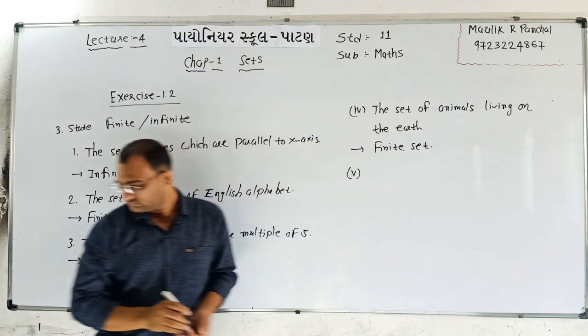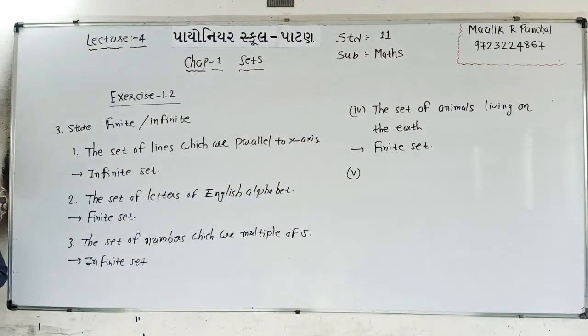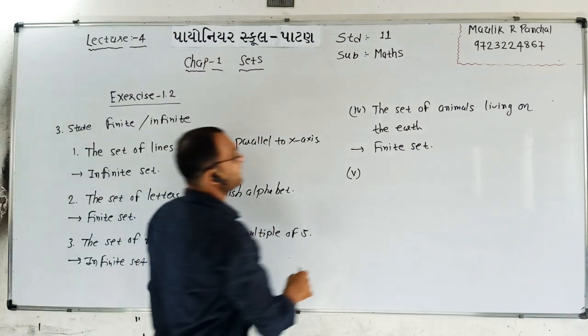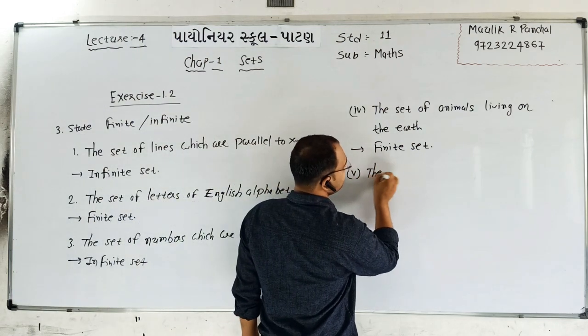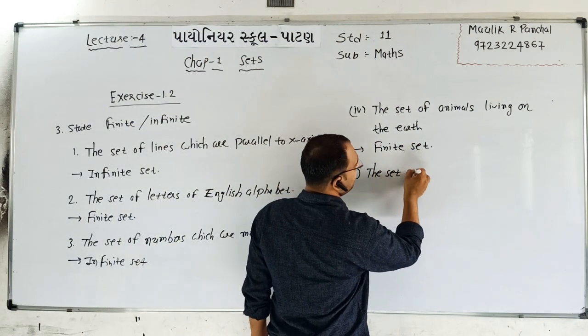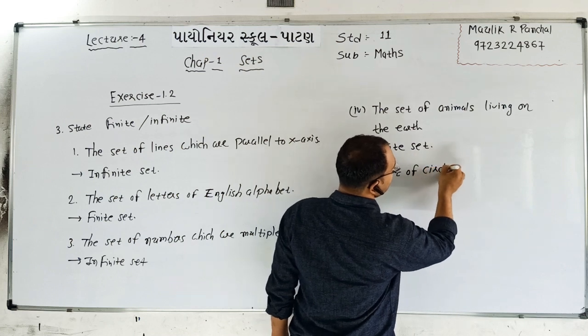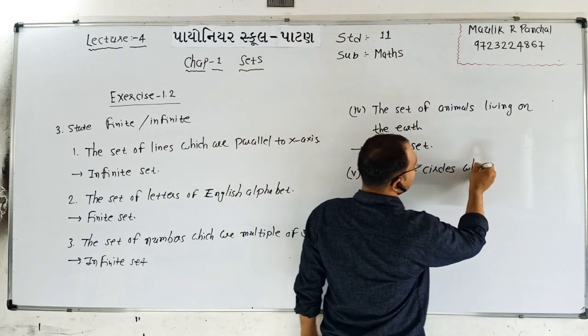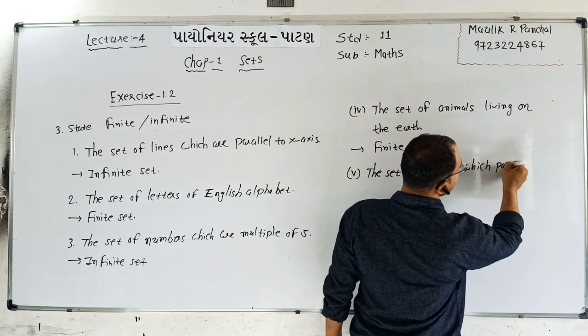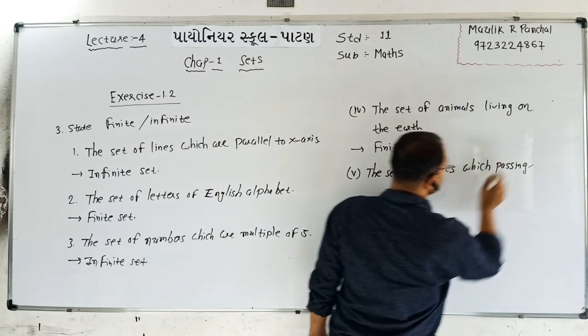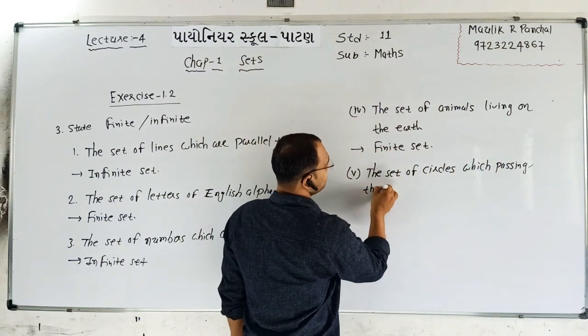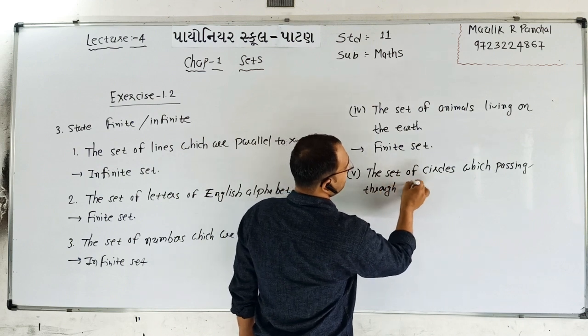Fifth, the set of circles which pass through the origin.